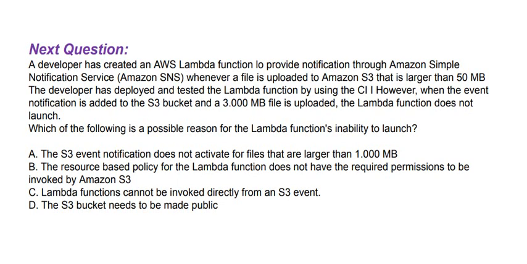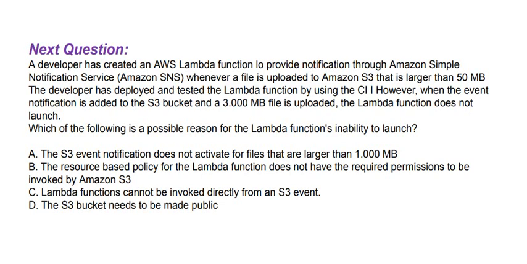The developer has deployed and tested the Lambda function by using the CLI. However, when the event notification is added to the S3 bucket and a 3000 MB file is uploaded, the Lambda function does not launch.